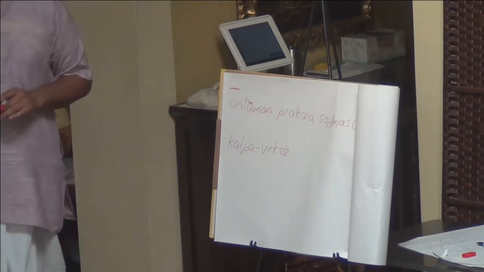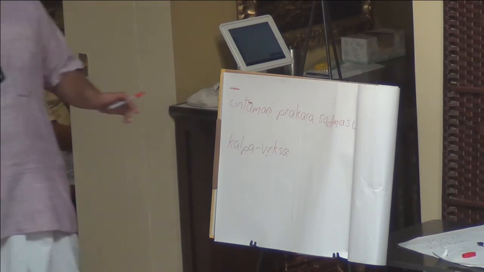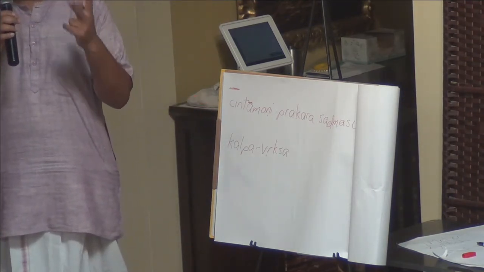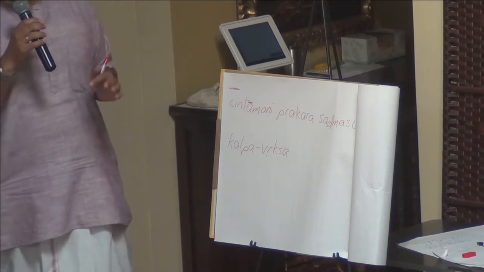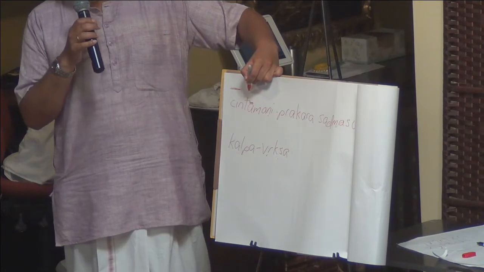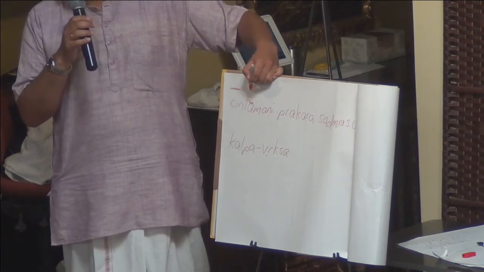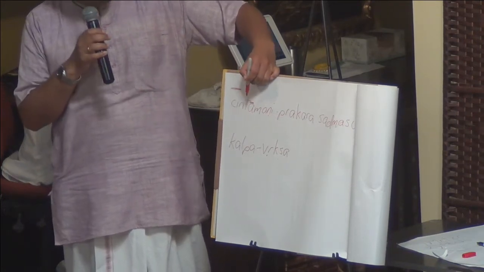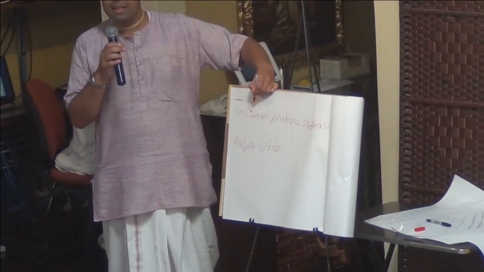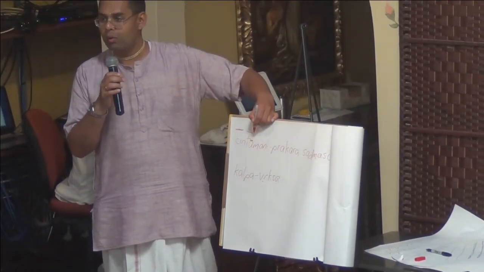And for guru, I'm going to make a long line like that to signify that that syllable is guru. Chint. Because even though the vowel is short, it's followed by a double consonant, N and T. Therefore it's guru. Next one is ta. Chin, ta. That's guru or laghu? Guru, because the vowel is long.